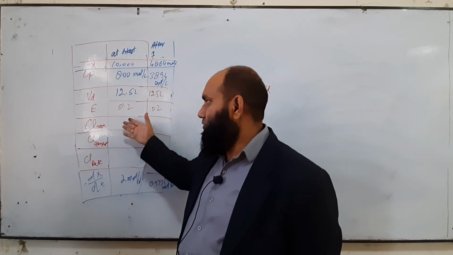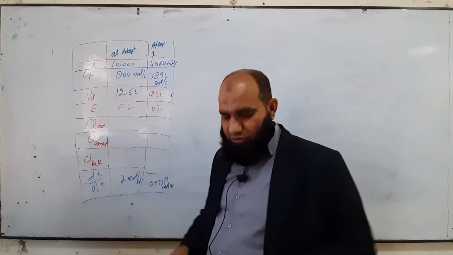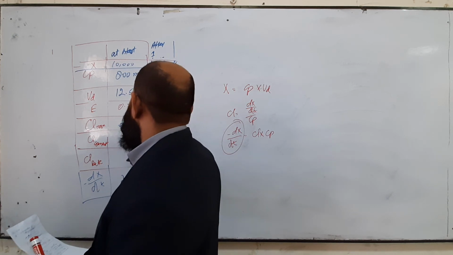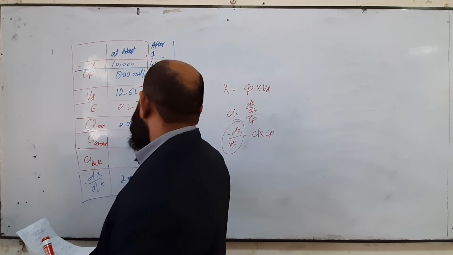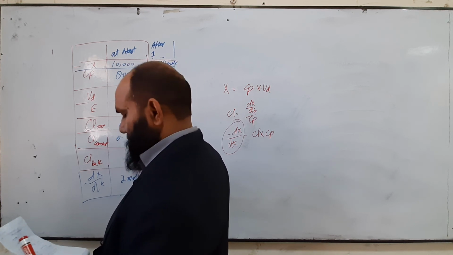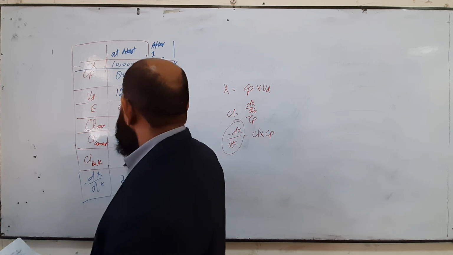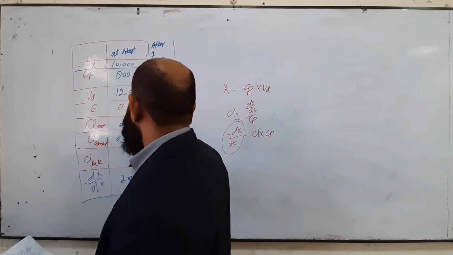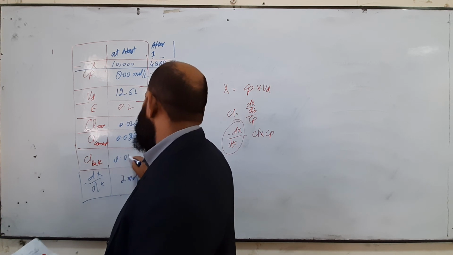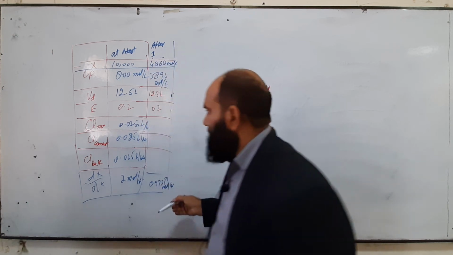This is our assignment: to calculate the clearance of these 2 parameters by checking this, because we will get the same value of 0.025 liter per second, 0.025 liter per second. What will be the answer for these?